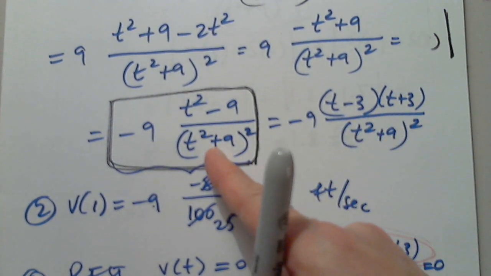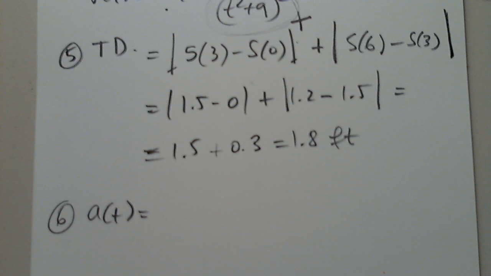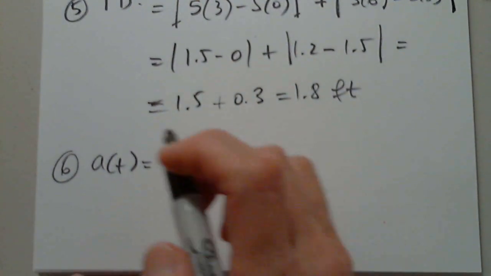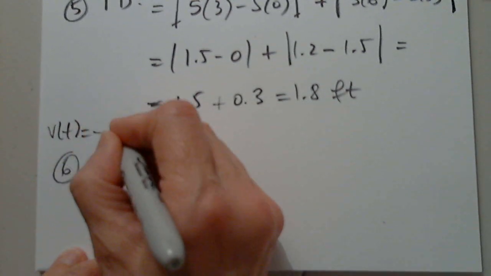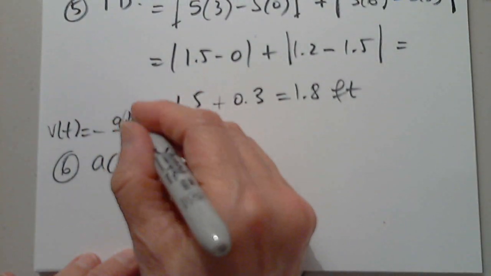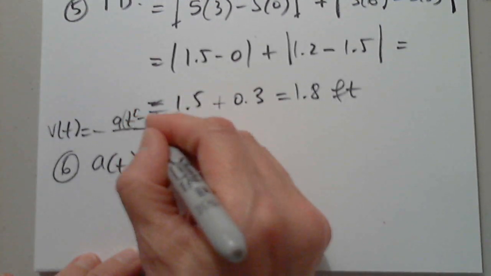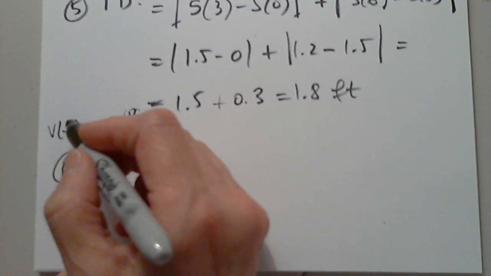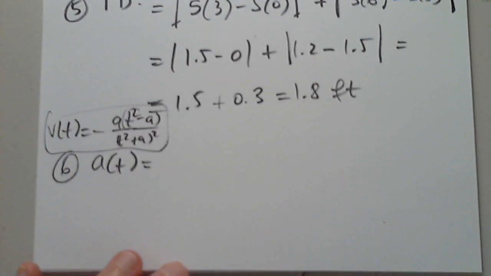So I need this. So I'm going to copy it first as velocity here. V of t, negative 9t over, no, t squared minus 9 over t squared plus 9 squared. I just wanted to have it here so I don't have to look on the other page.